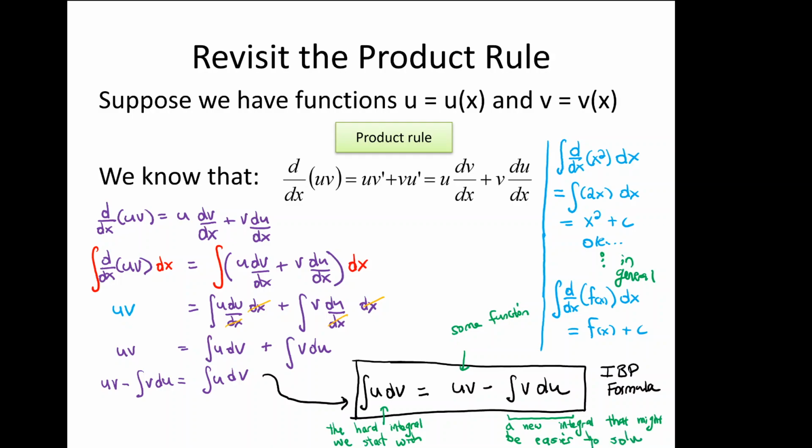So it's like a trade. You have a problem that you don't know how to do, so you trade it for another problem, and maybe you can solve that one. I'll show you how it works.